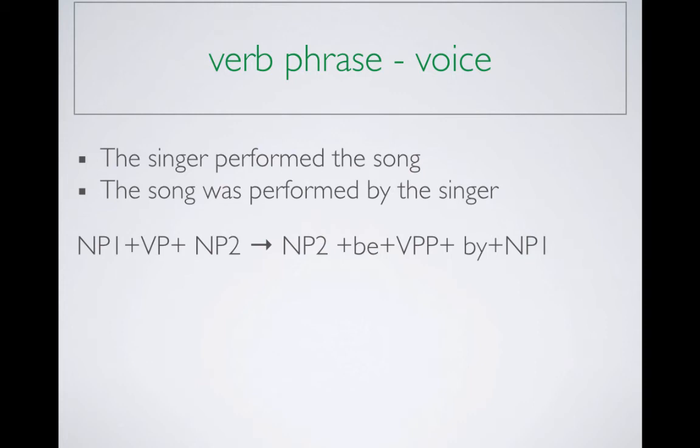We add the be, in this case in past, was, and a verb in past participle, performed. And then we add also the by, and finally we include the noun phrase one at the end. This gives the passive voice construction.